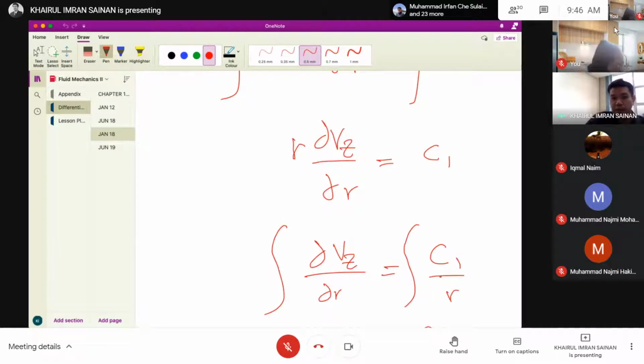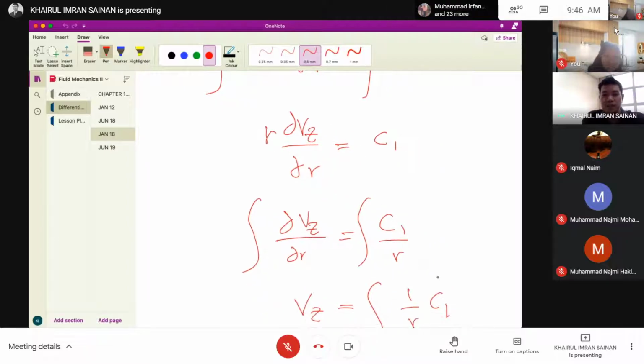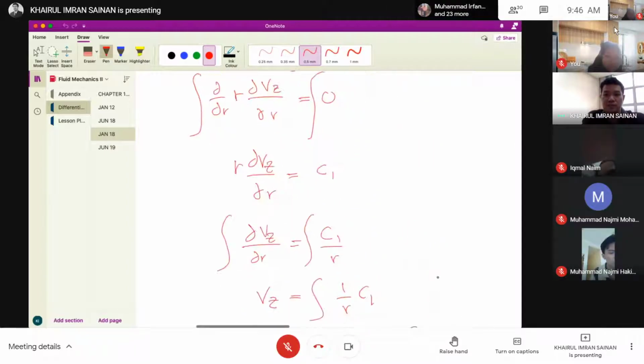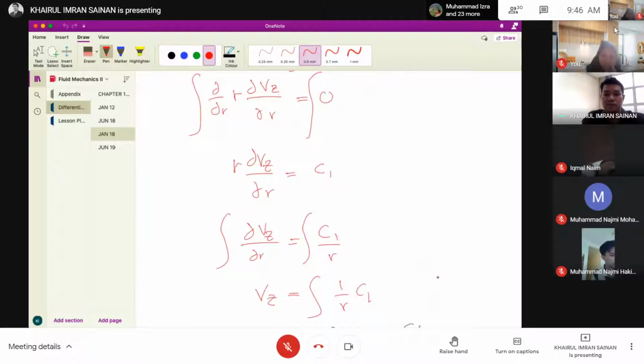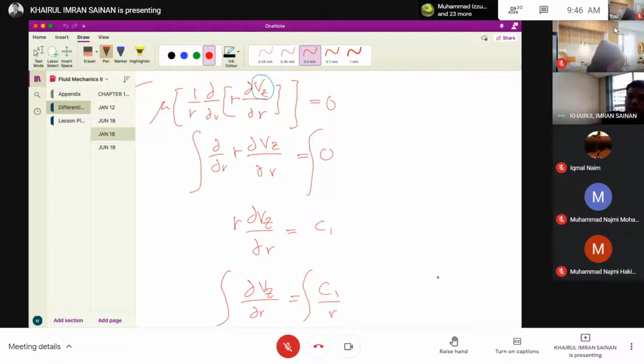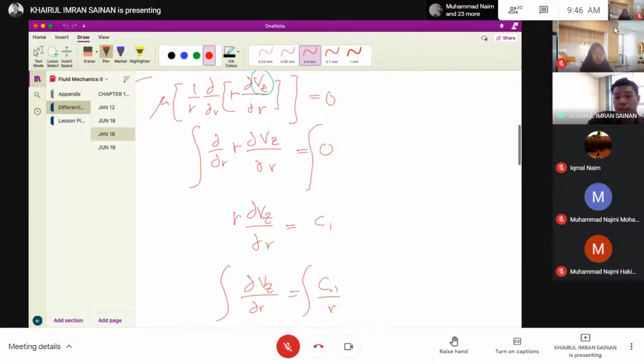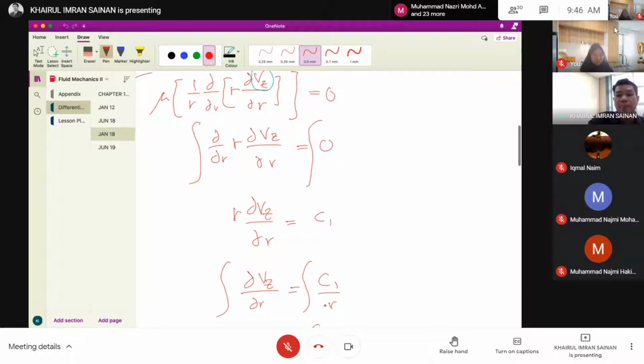We take a moment if you want to copy. Okay. So the integration of 1 over R becomes what? What is the integration of C1 over R?